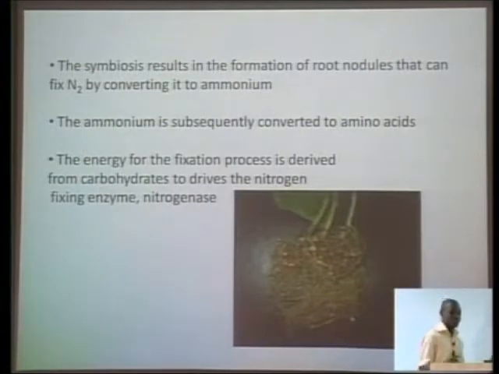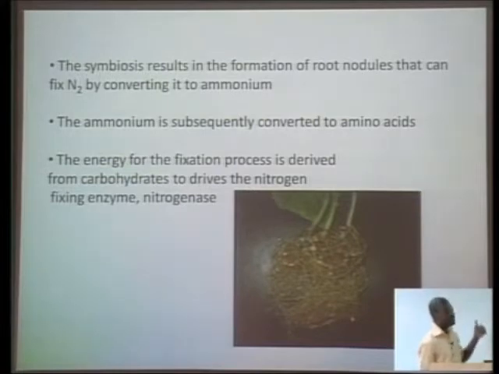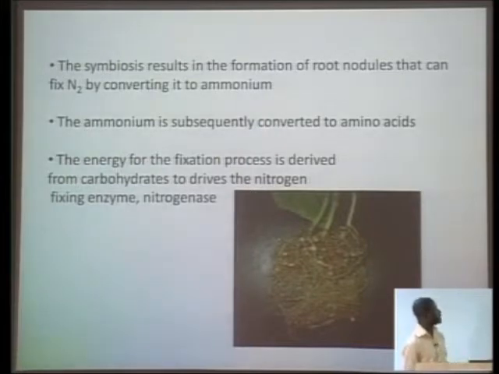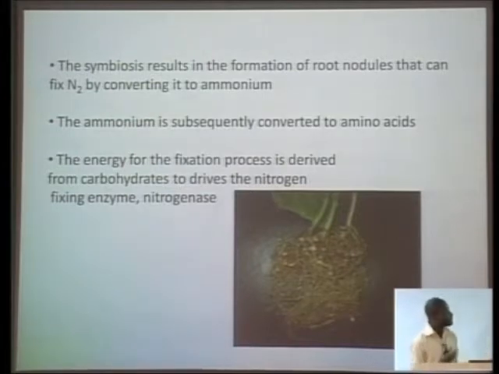When the chickpea, being the leguminous plant, and the rhizobium come together, symbiosis is formed. This leads to the formation of root nodules that can fix nitrogen and later convert it into ammonia. This ammonia is subsequently converted to amino acid, which forms the building block of protein.